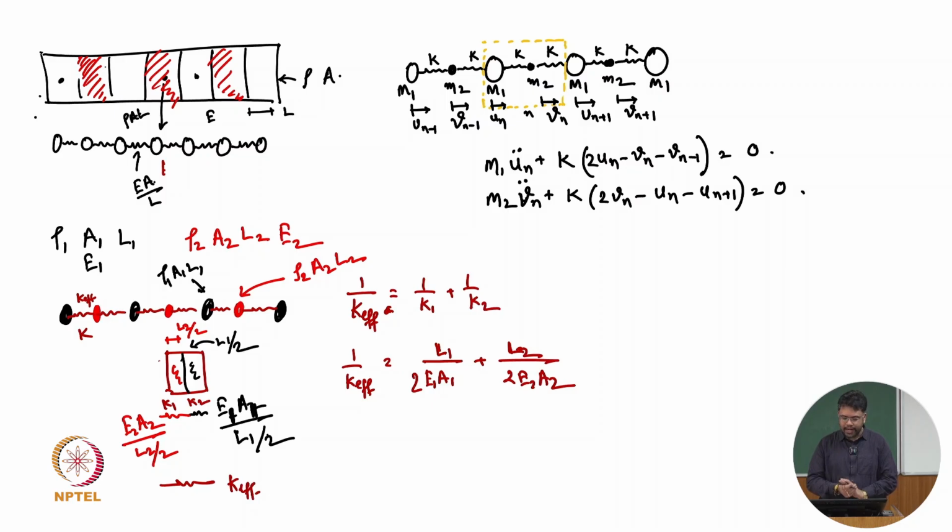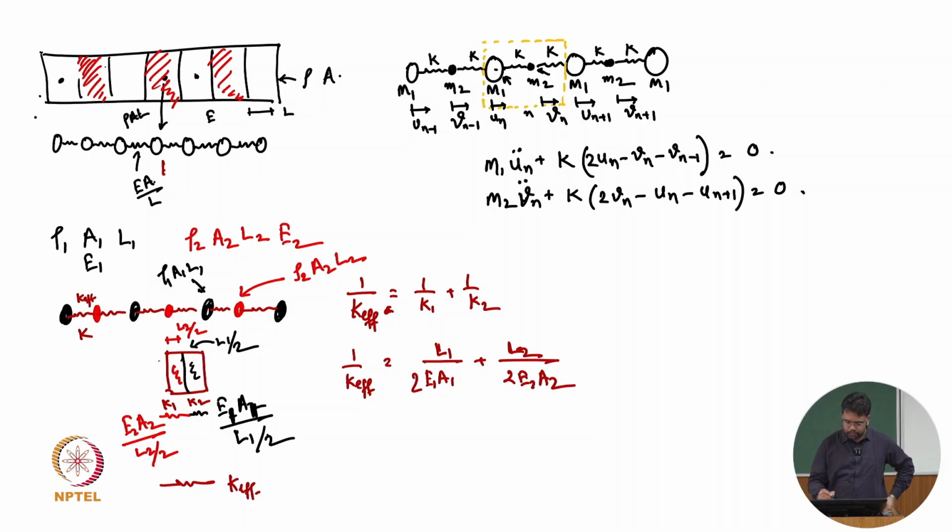Okay, so I am trying to write the equation for this m1 mass and this m2 mass. Any doubt up to that? Okay, if there is no doubt, then we can think that.